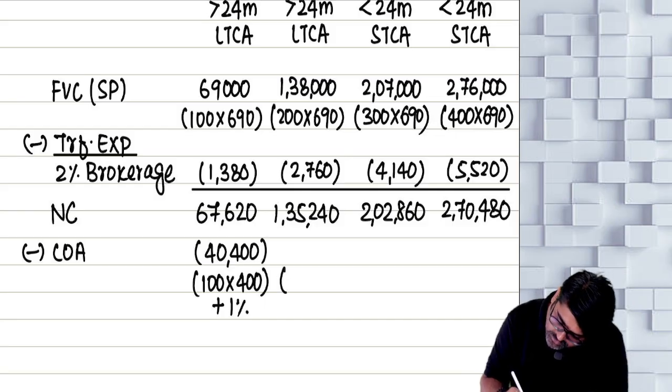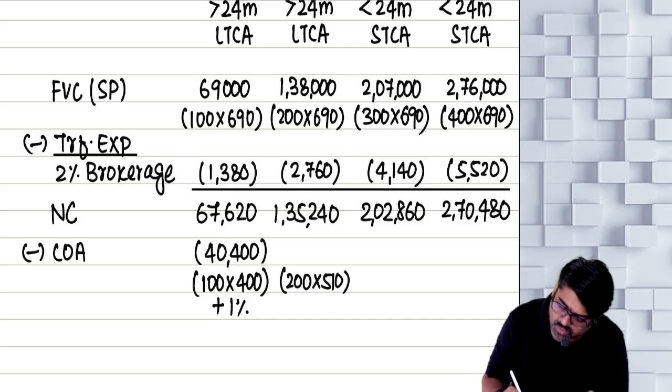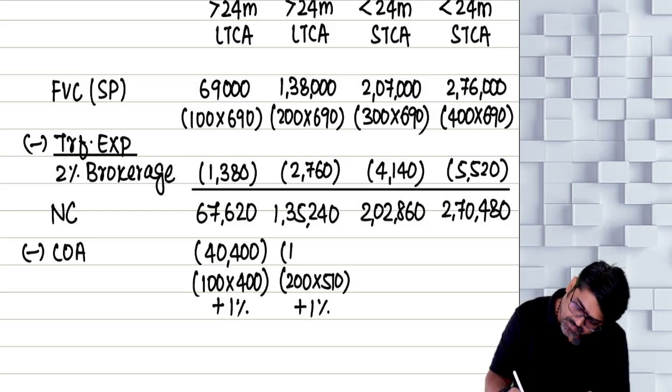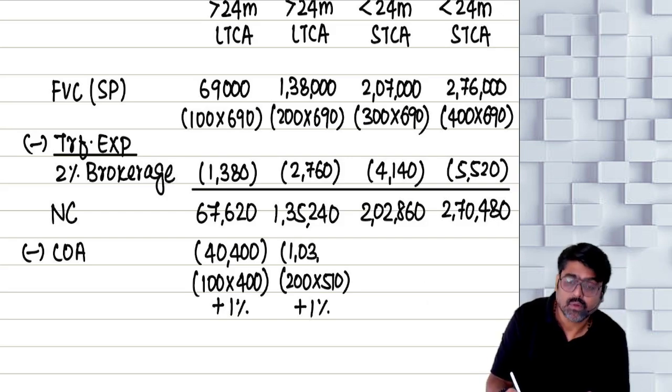Now 200 shares you acquired for how much? 510. 200 into 510 plus 1% brokerage. 1 lakh 3,020, right?